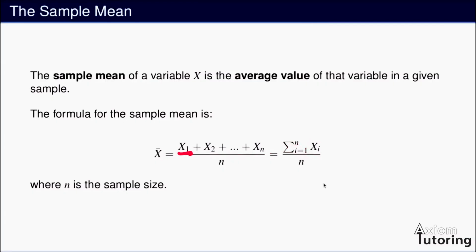This is exactly what we see on this part of the equation: x1, x2, x3, etc., all the way to xn. And now it's divided by n, where n is the sample size. This is what you've probably all done when calculating the average grade in a module. You just add up the grades and divide by the number of exams you took.